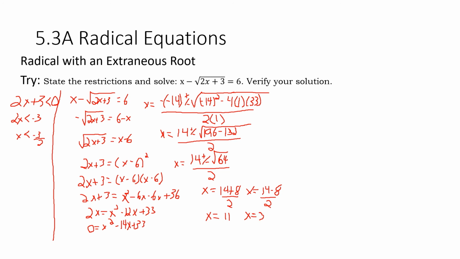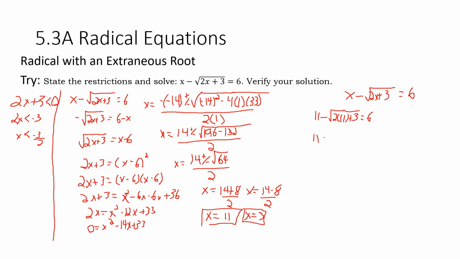So let's substitute these into the original equation to verify and see if either of them are extraneous. So here's our two x's. For the equation, x minus root 2x plus 3 equals 6. Let's substitute in first the 11. So 11 minus root 2 times 11 plus 3 is equal to 6.